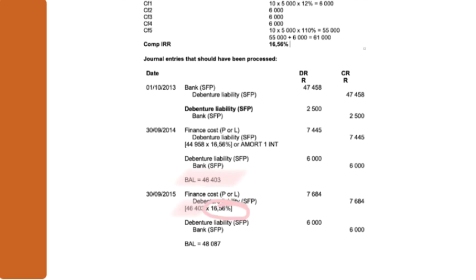The second journal is the actual cash flow journal. It will stay the same: nominal value times nominal rate. No nominal value has been repaid or matured. It's the full nominal value that's still outstanding, and you calculate the balance at the end of 2015. That balance is the amortized cost of the liability.